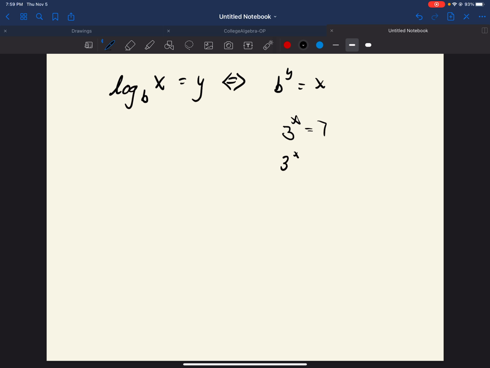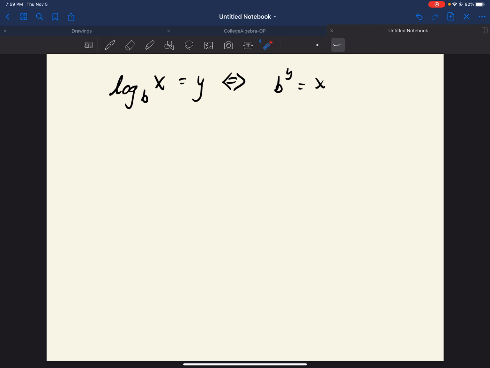If you had 3 to the x equaled 9, I could say 3 to the x equals 3 squared, and therefore x equals 2, and that would work out. But that only works when it's a power of 3 that I already know, such as 9 or 27 or 81 or something like that.